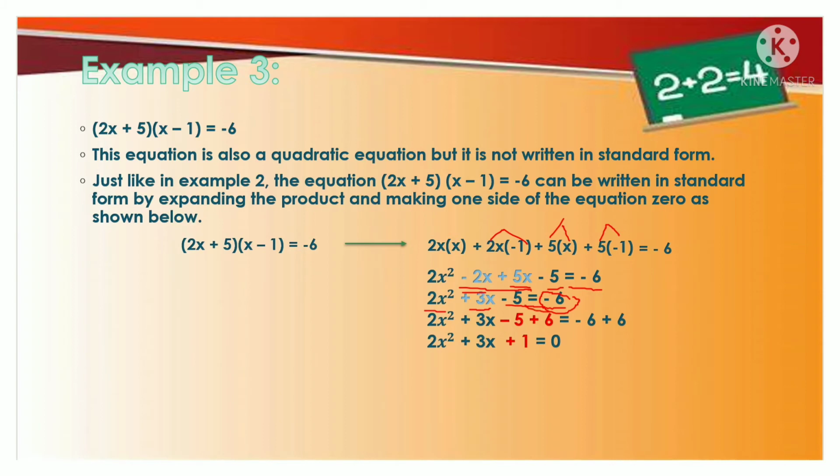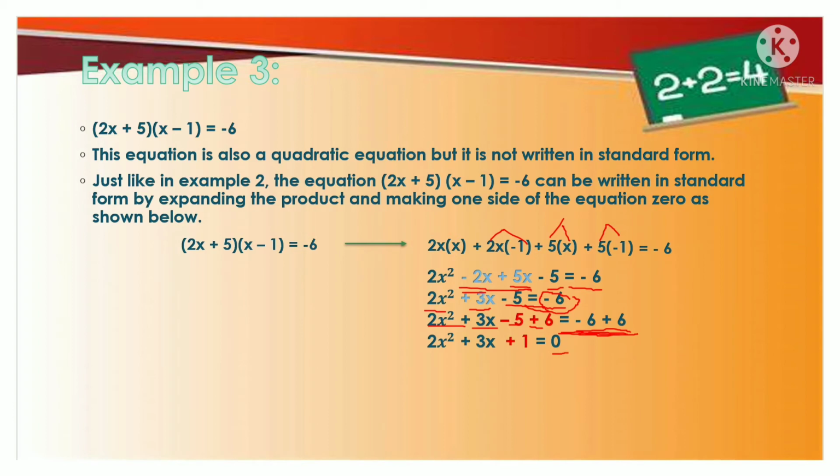When we are moving negative 6 to the other side, the sign changes into positive. So 2x squared, copy, plus 3x, copy, minus 5 and plus 6. So equals negative 6 plus 6 is equal to 0.